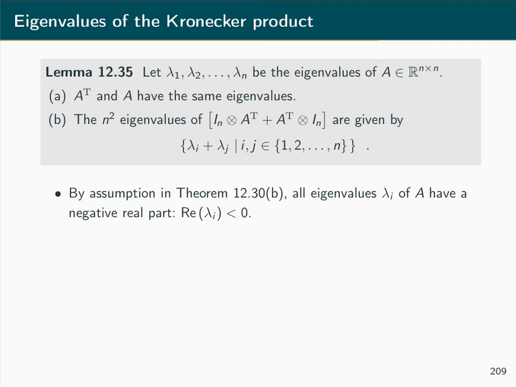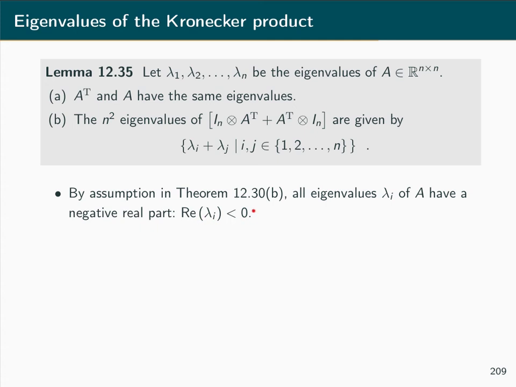By the result of lemma 12.35, the continuous time Lyapunov equation must have a unique solution by the following chain of arguments. First, by the assumption in Theorem 12.30b that the system is asymptotically stable, all eigenvalues lambda i of the matrix A have to have a negative real part.